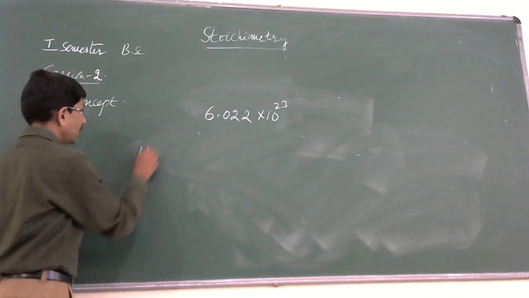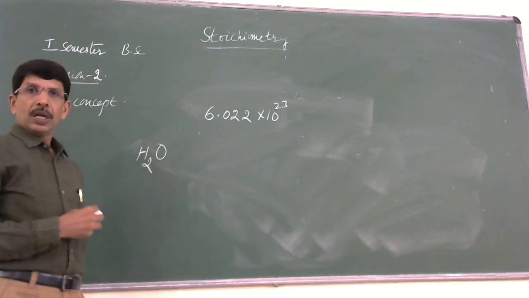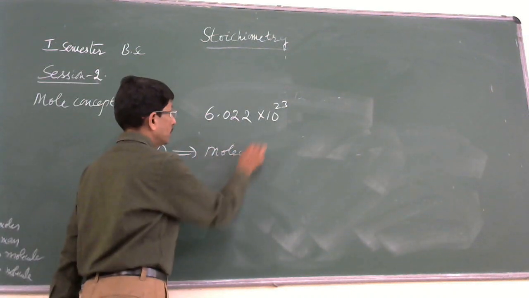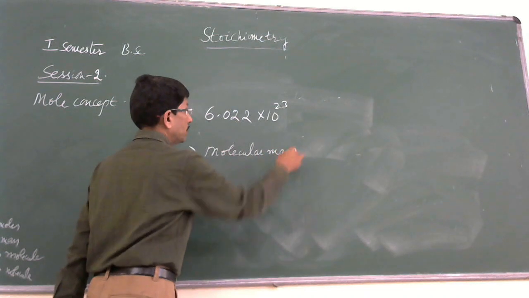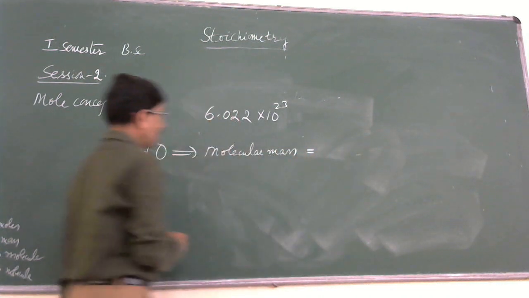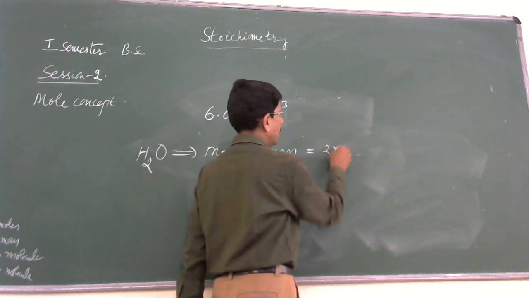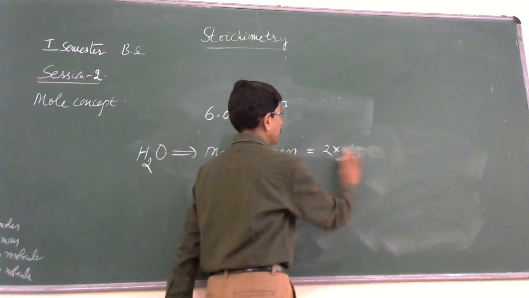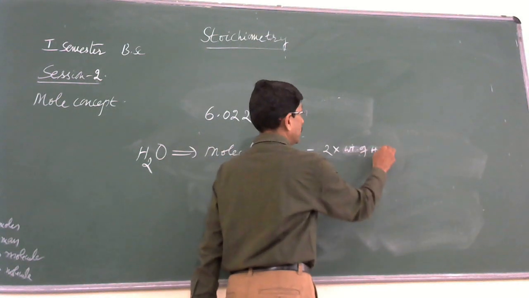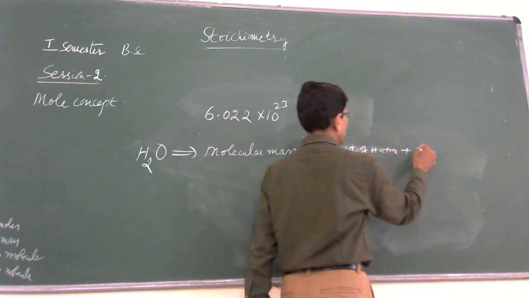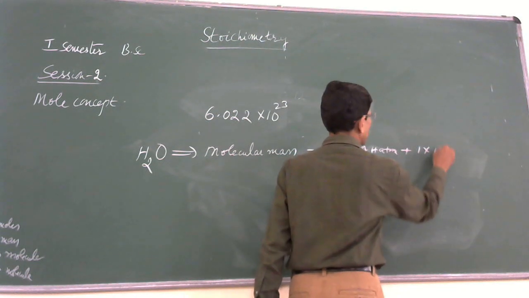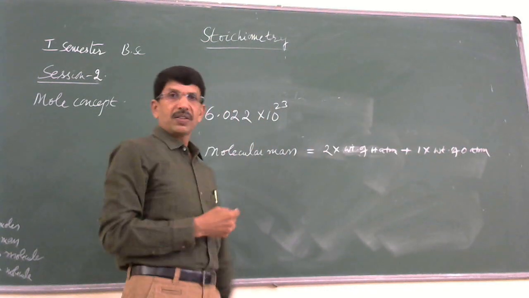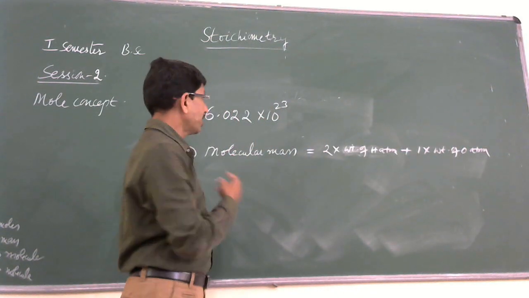So if you consider a simple molecule like water, the molecular mass of water is equal to the sum of the atomic masses of the atoms present in water.